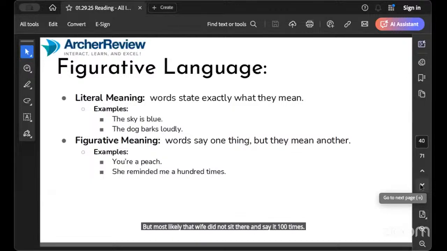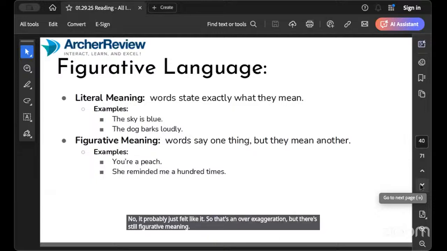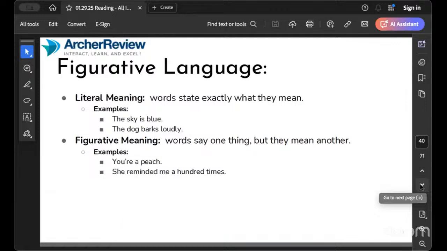No, it probably just felt like it. So that's an over exaggeration, but that's still figurative meaning. We're not going to sit there and count, and if we did, it probably was not actually 100 times. It's probably like 52. And it was probably about the trash. No, I'm just kidding. Am I though?